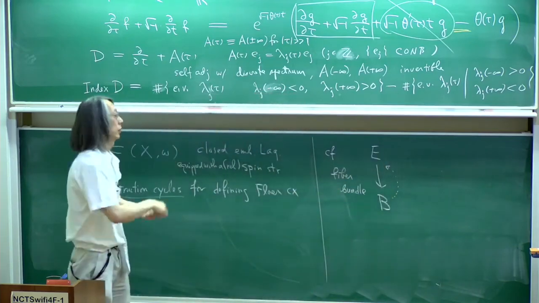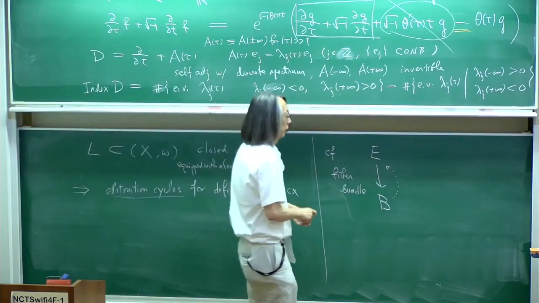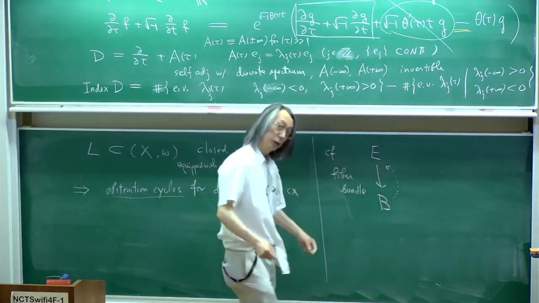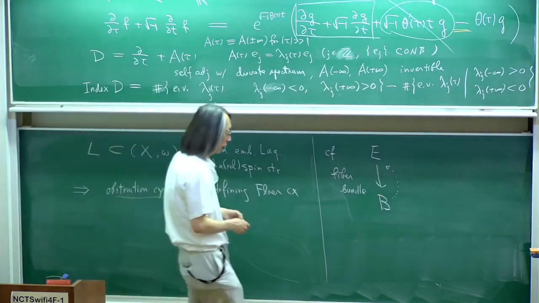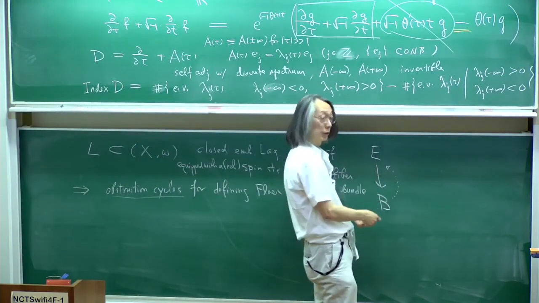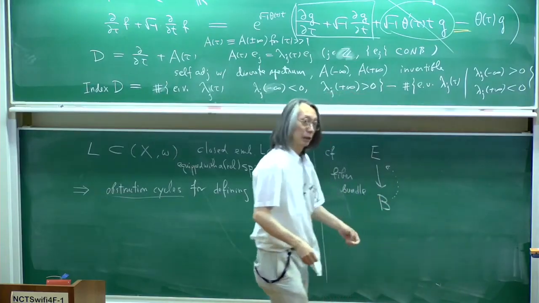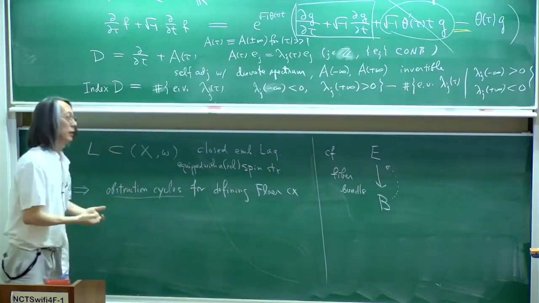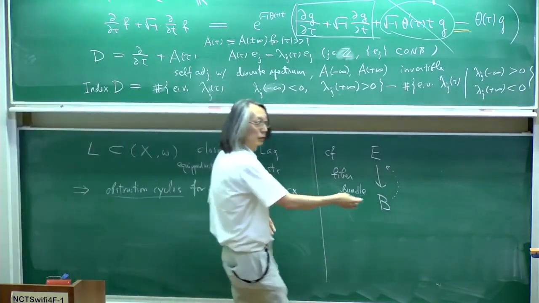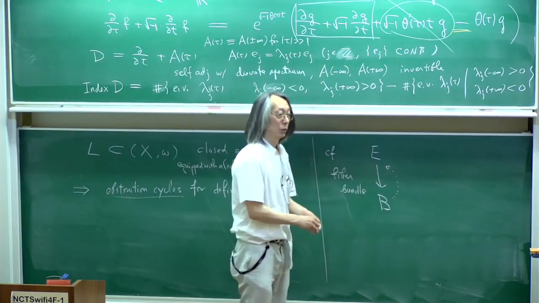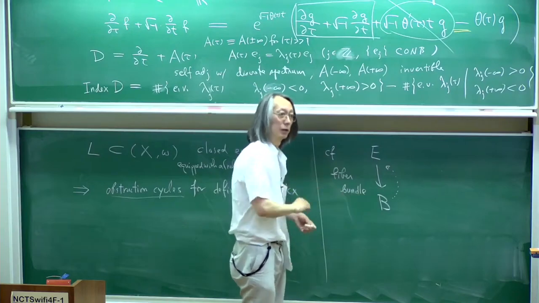And then this is a section over the zero skeleton. Next, you just take one simplex, or maybe one cell, and then ask whether you can extend the section over the zero skeleton to the one skeleton, or one cell. If you can do it, next you try to consider two cells, and then try to extend it to the next cell, right? So you can define some obstruction classes inductively.